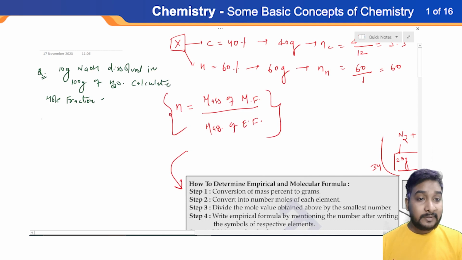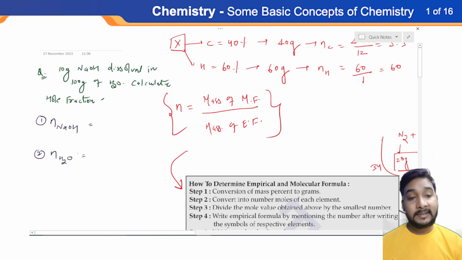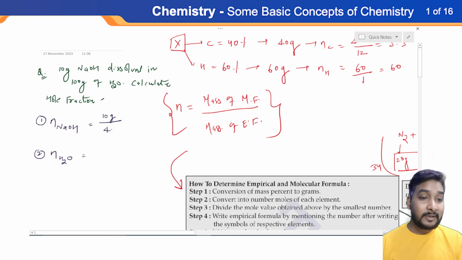First of all, I have to calculate the moles of each of the components. I have sodium hydroxide and I have H2O. For NaOH we have weight 10 gram and the molecular weight of NaOH is 40 gram.